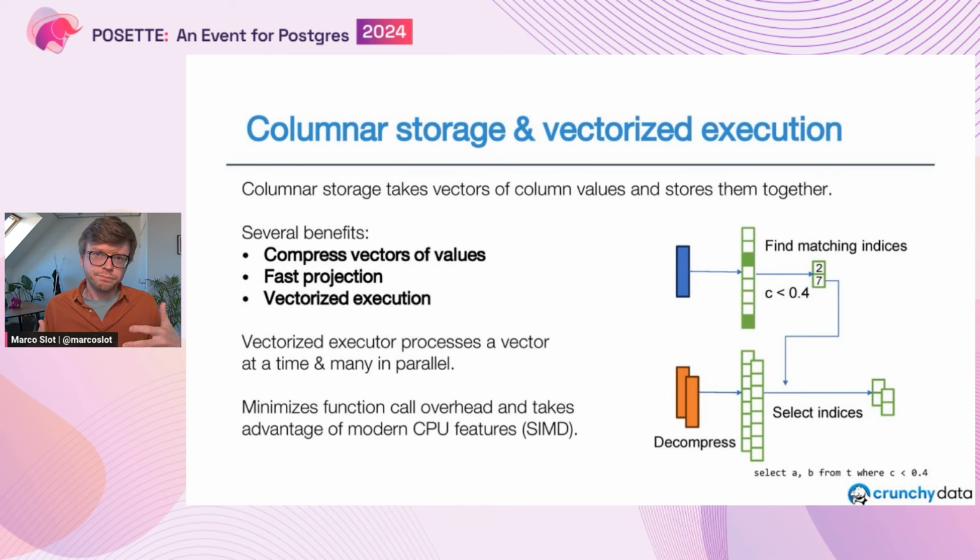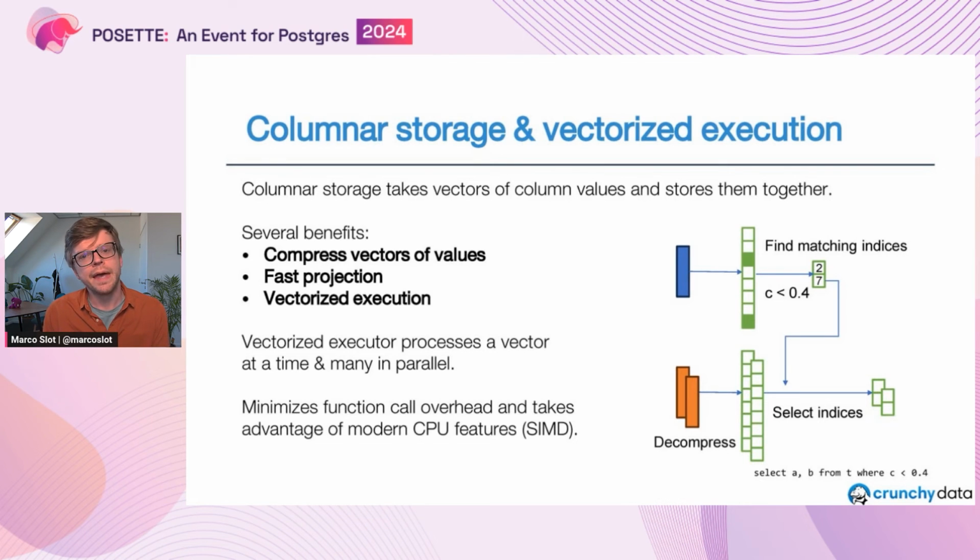When you take values from the same column, there's often a lot of similarity between the values, and so it compresses very well. You can also, with this storage layout, do very fast projections where maybe you only need a few columns from your table for your analytical query. That's quite common, and maybe there's hundreds of columns. So it's much faster if you know these columns are stored here and I only need to read that part of the table.